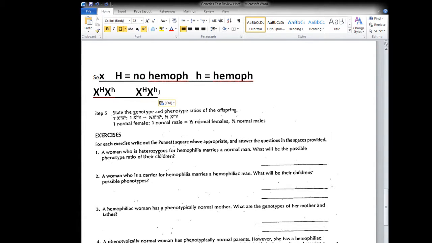So it's a guy, X, Y. It's a normal man, so H is normal, no hemophilia. So big H right there. Then you would do your Punnett square and your possible phenotype ratios. Most of you, I think, were pretty good about Punnett squares, so you should be alright with that.